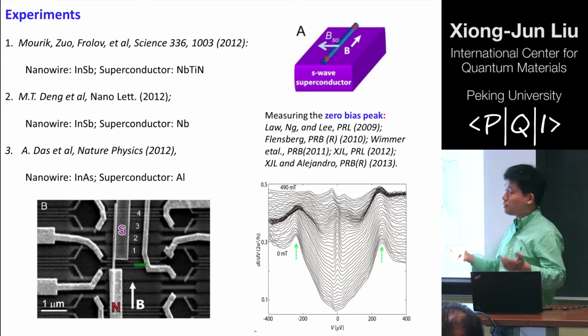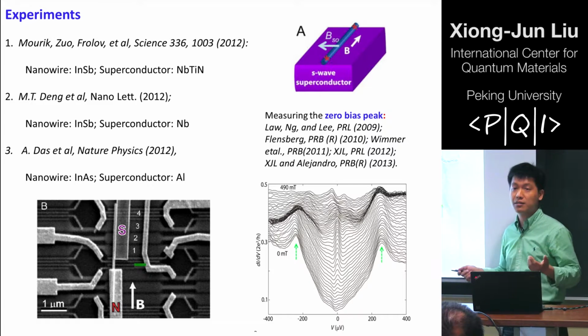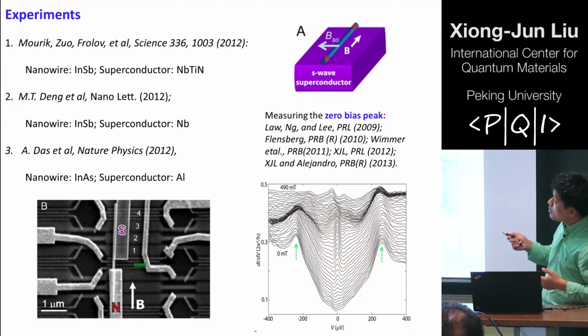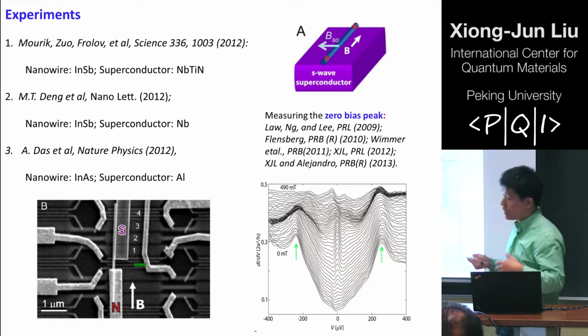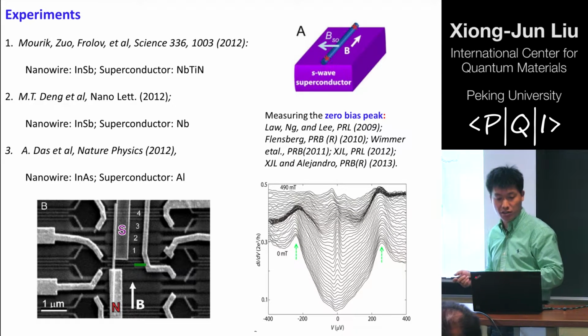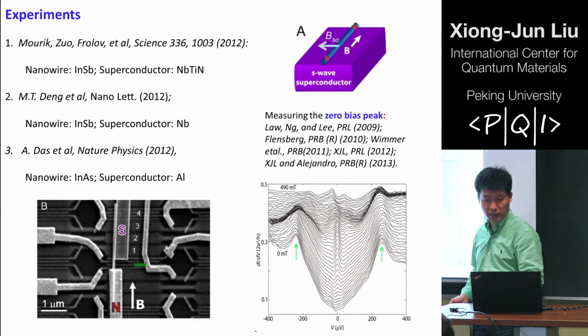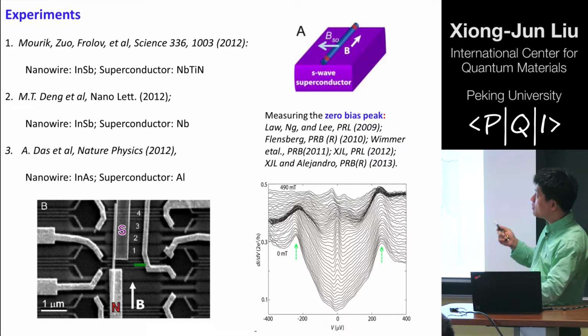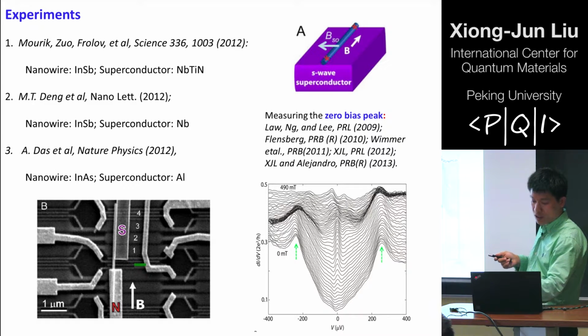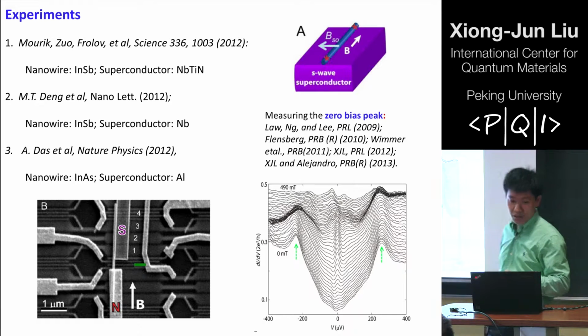There is important experimental progress based on this idea. The first experiment was done by Kouwenhoven and colleagues, and there are also other experimental studies, and some recent further progress on this issue.